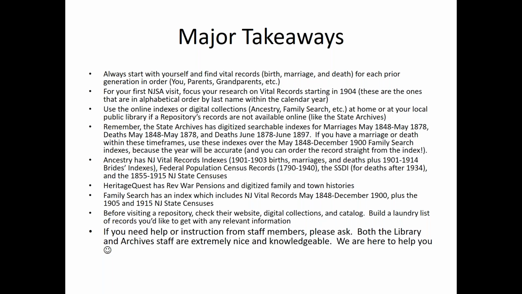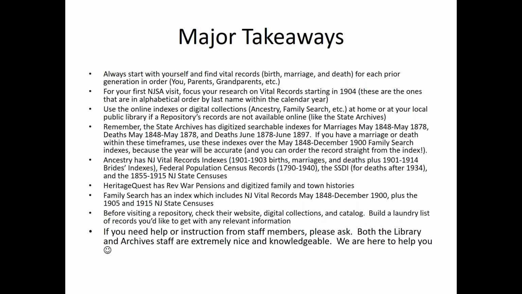Make sure to always check the state archives digital online indexes. They've got the searchable indexes for marriages, May of 1848 to May of 1878, deaths, May of 1848 to May of 1878, and deaths, June of 1878 to June of 1897.